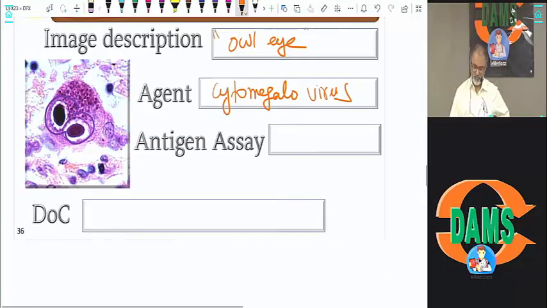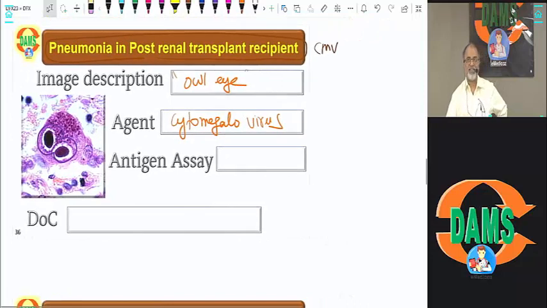What is the name of the antigen assay for CMV? There is an antigen assay called pp65 antigen assay.